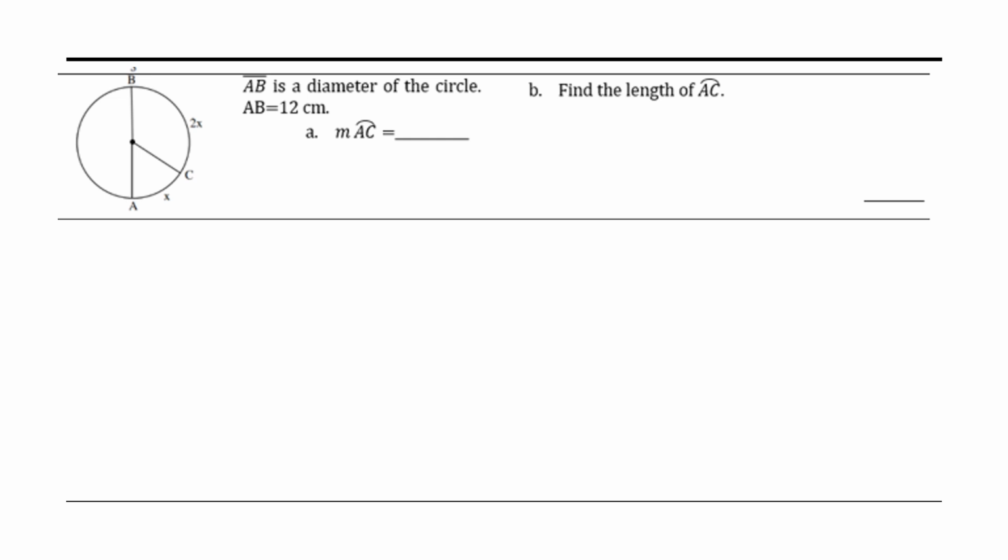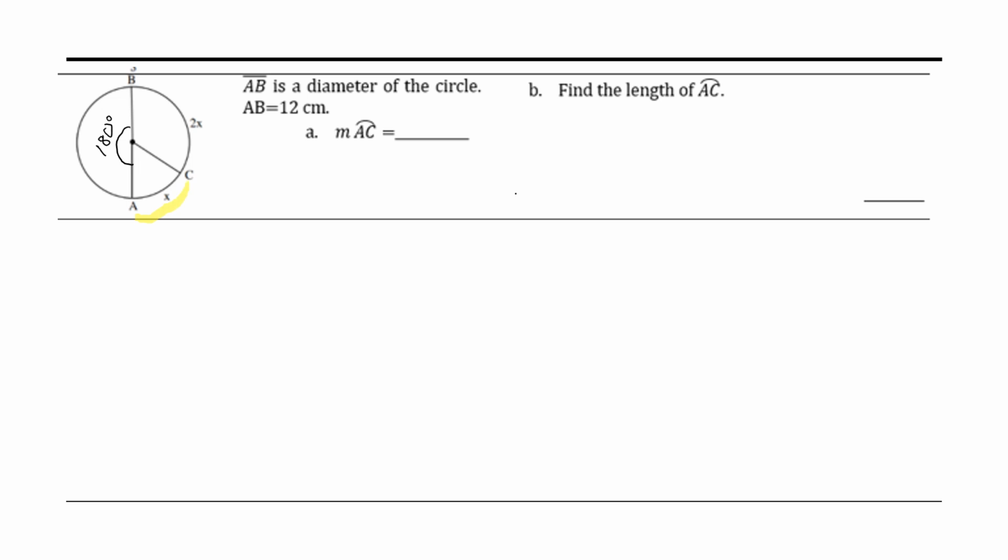Okay, the last question. AB is the diameter of the circle. AB goes all the way across and through the center. That means that this angle is 180 degrees because AB is a straight line segment. AB is also equal to 12 centimeters. Find the measure of arc AC. Well, if I want to go from A to C, that would be this minor arc.